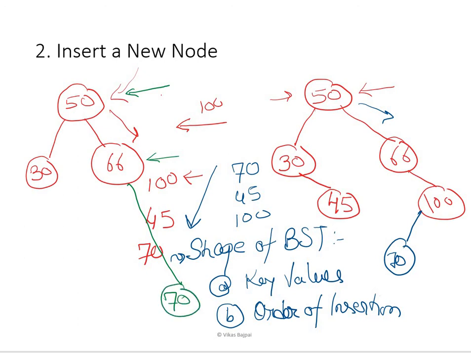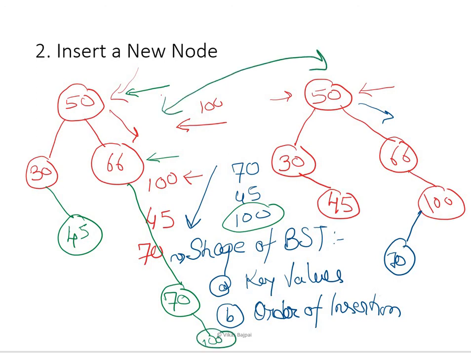I went to this side. 45, still the same position. Now 100. Now this is bringing a totally different shape. Move towards this. From this move towards this. From here I'm adding 100 here. Now just see, the values are the same set of values, but the order of insertion also matters. Right, the order of insertion also matters.